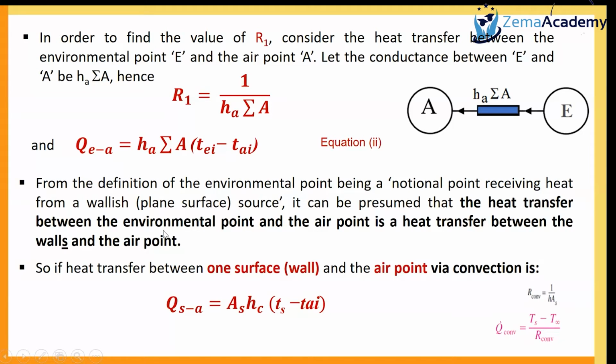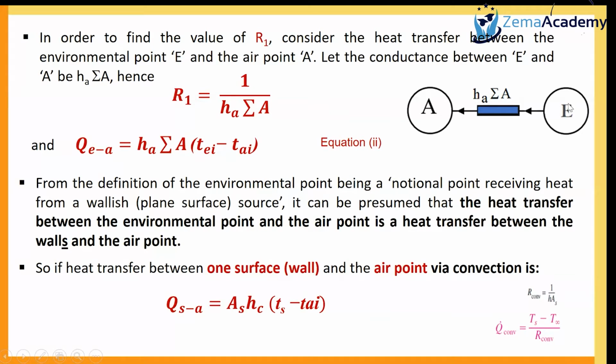Initially, if you look at the heat transfer, we will do it for one wall first, and then we will incorporate heat transfer for all the walls. Okay. So by looking at the definition of environmental temperature and the environmental point, we say that heat transfer between this point E and the air point is a heat transfer between the walls and the air point.